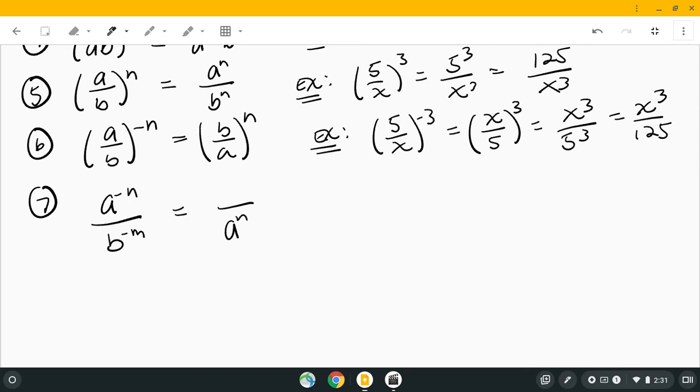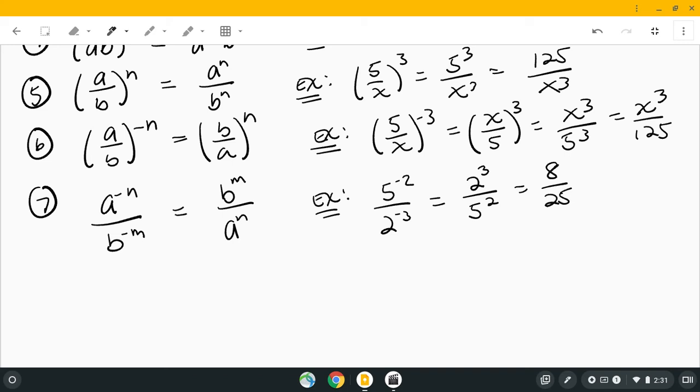And if the b is in the denominator and it has a negative exponent, then now it moves to the numerator. So for example, if I have 5 to the negative 2, 2 to the negative 3, they both have negative exponents. And it's really only the ones that have negative exponents. If it had a positive exponent, then it doesn't move. So the 2 would move up, and the 5 would move down below. And that would just be 8 over 25.